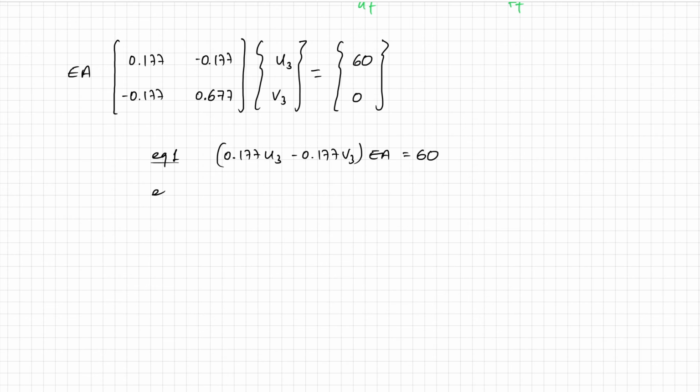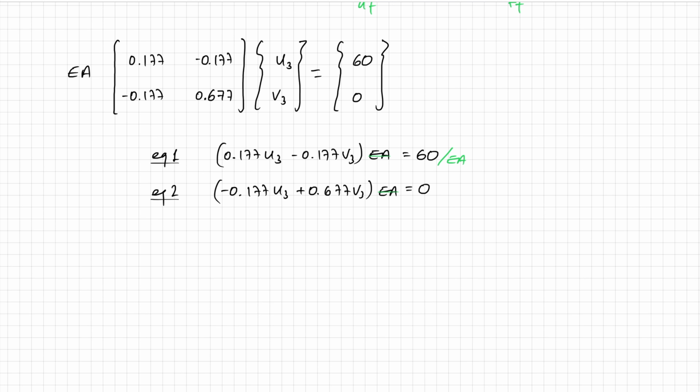And equation 2 from row 2, minus 0.177 U3 plus 0.677 V3, all that times EA equals 0. We can just divide everything by EA, so this becomes 60 divided by EA, and obviously here it's 0 divided by EA, so that remains 0.